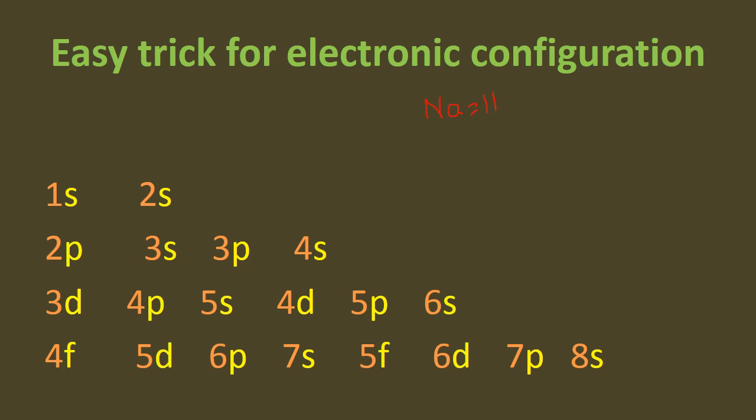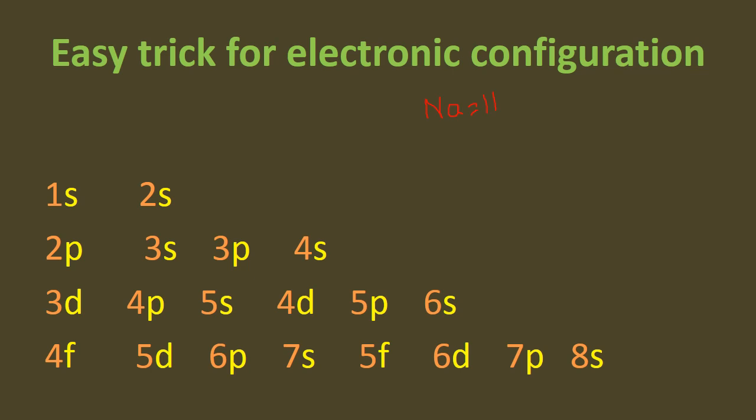Yes, we never deal with atomic masses because in the case of atomic masses, we are dealing with protons and neutrons, while in the case of atomic numbers, we are dealing with the number of protons. And remember, the number of protons is always equal to the number of electrons. And here we have to arrange electrons, so we will go with the atomic number.